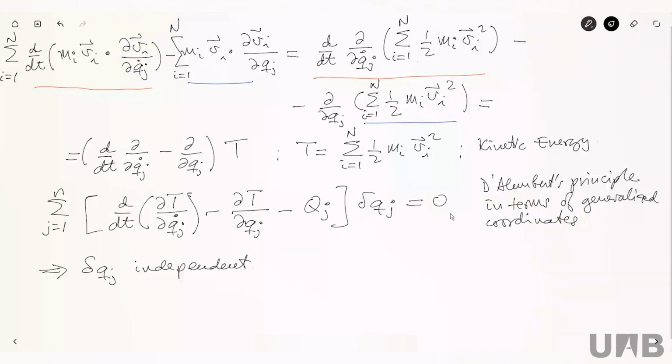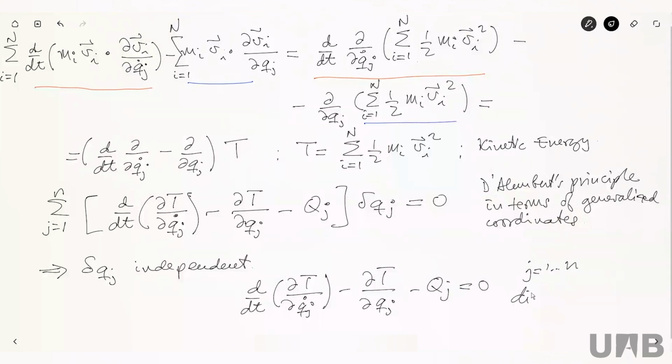So this whole sum equals 0 is actually a set of differential equations for each of the variables. Okay, so now we have a set of little n differential equations for each qj.